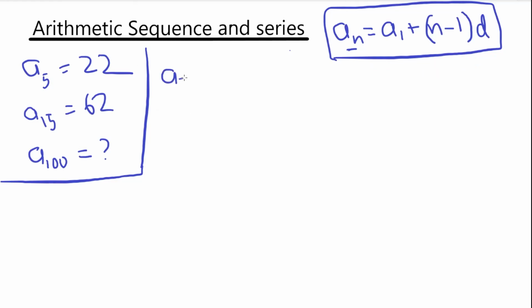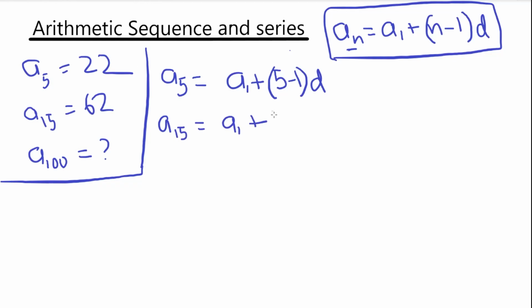So a of 5 is a1 plus 5 minus 1 multiplied by d, and a of 15 is a1 plus 15 minus 1 times d. Now let's subtract a5 from a15.